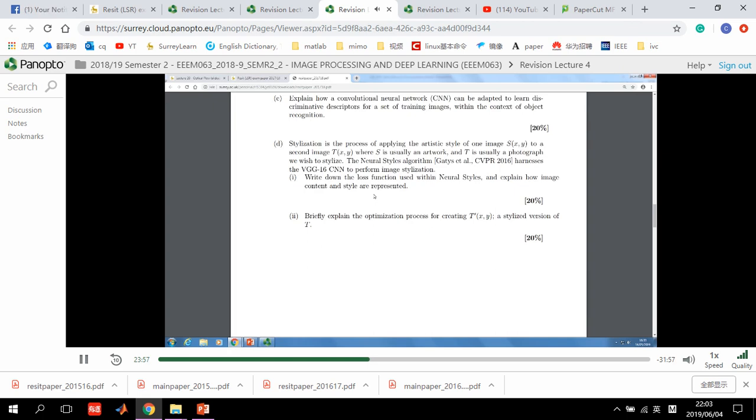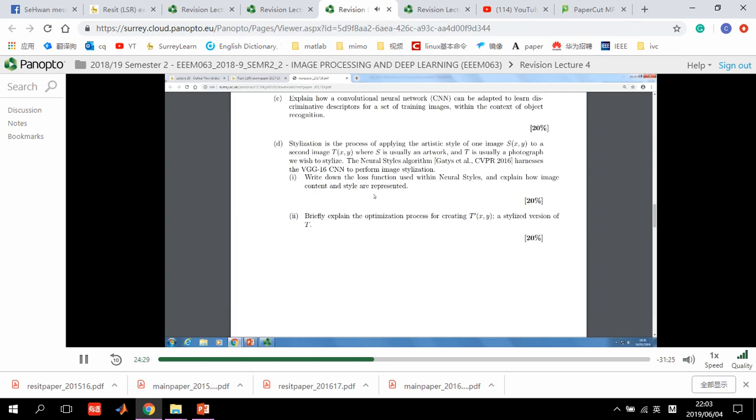So the Gram matrix computed across those responses gives us a descriptor, which is the style. Let's call that S. No, let's not, because I've got an image called S in this question. Let's call style Z. Okay. And if I put my style image through, I'm interested in tapping off those early activations to get Z of S, which gives me the descriptor for my style image.